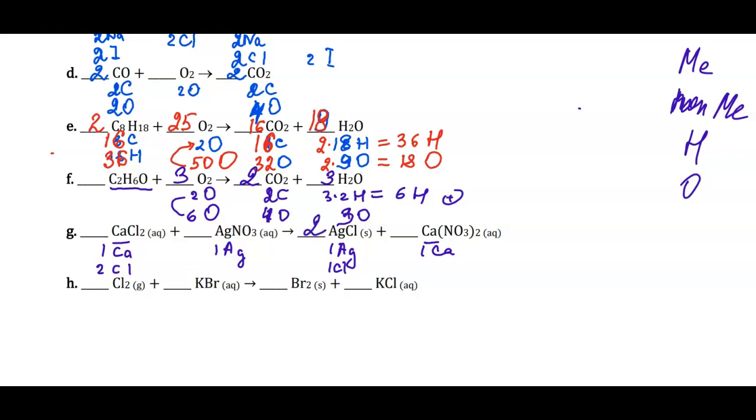We need 2 here, correct? Yes. And the amount of chloride is being changed to 2 and 2 here, right? So, and we jump here, 1 silver, but we need 2. So it is necessary to put a coefficient 2 in front of silver nitrate, right?